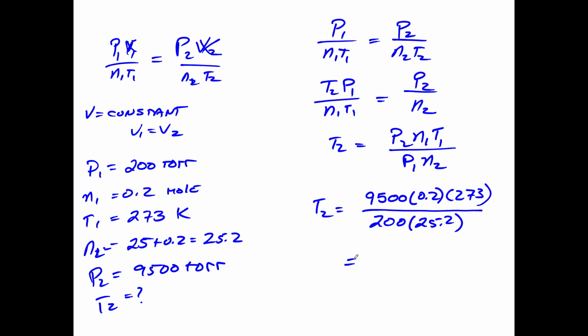And I'm going to redo this because I mistyped a number. I realized I did it right as I hit the equal sign. So my temperature is going to be 103 Kelvin.